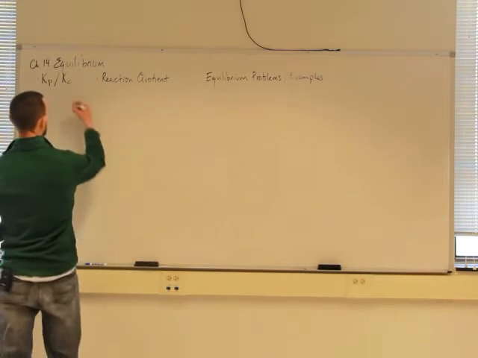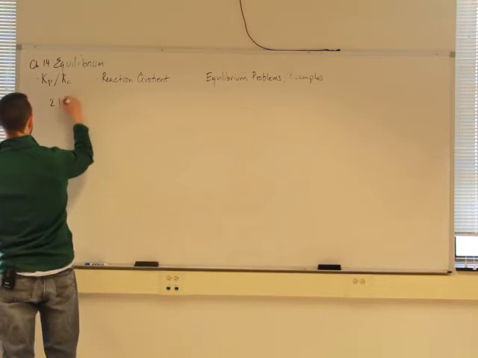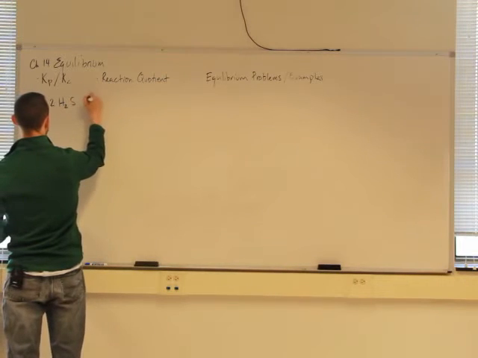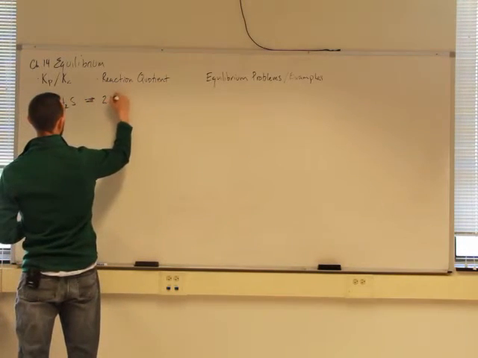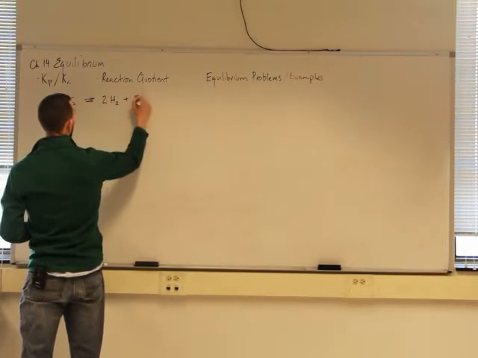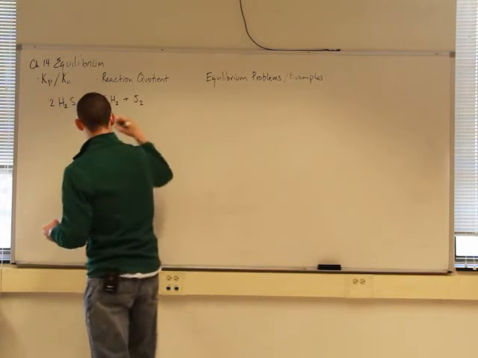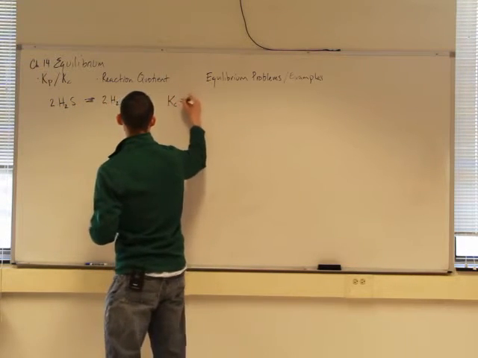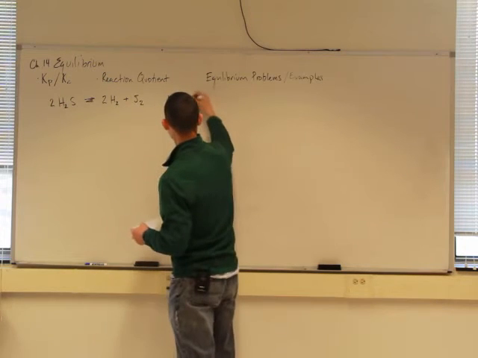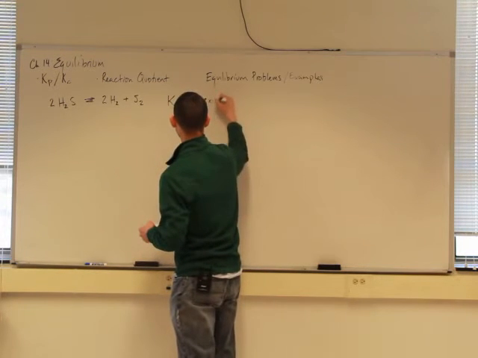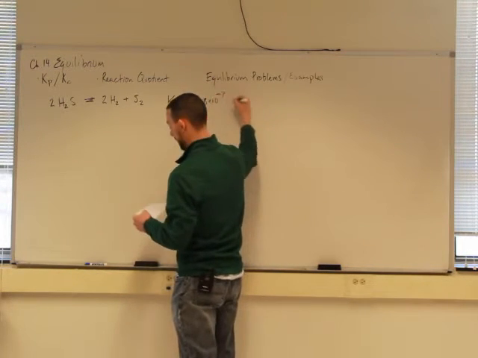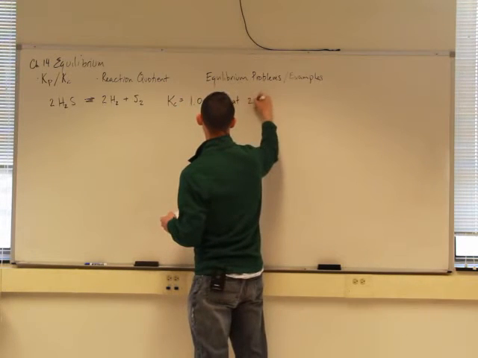So set the stage, the new reaction here. 2 hydrogen sulfides, 2 H2S's, will produce 2 hydrogen H2 and an S2. Let's say the equilibrium constant, Kc, is 1.08 times 10 to the negative 7 at 298 Kelvin.